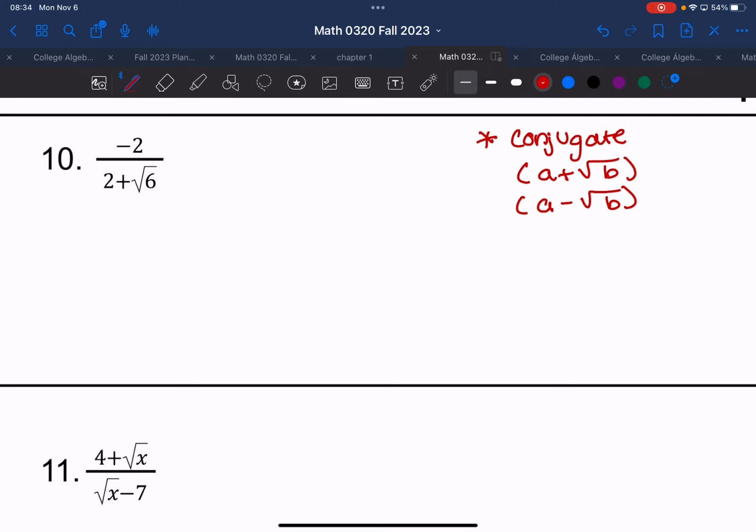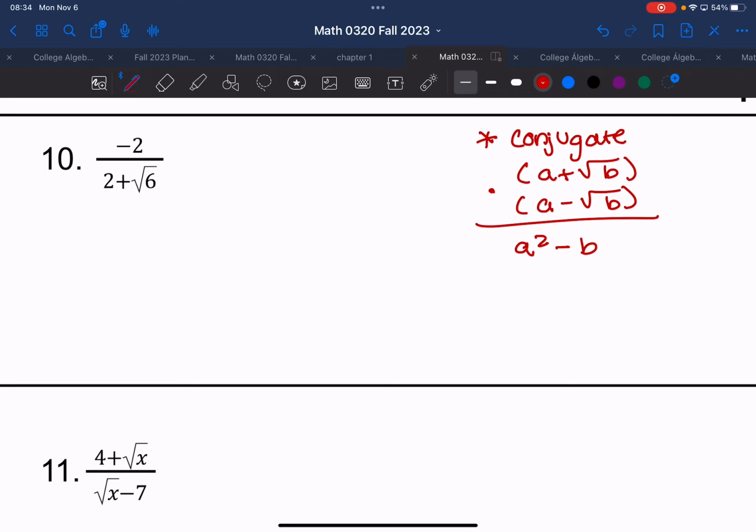You would multiply these two together, and you would get a squared minus b. So if we're looking at our terms, 2 plus the square root of 6, what is a and what is b?